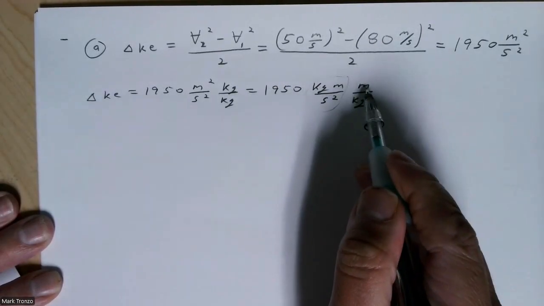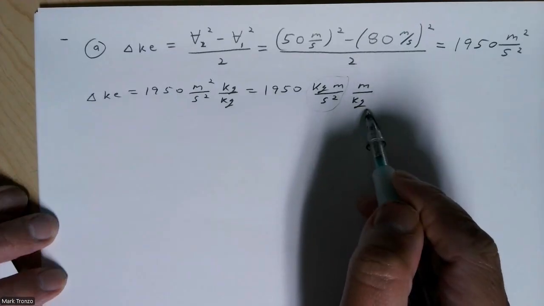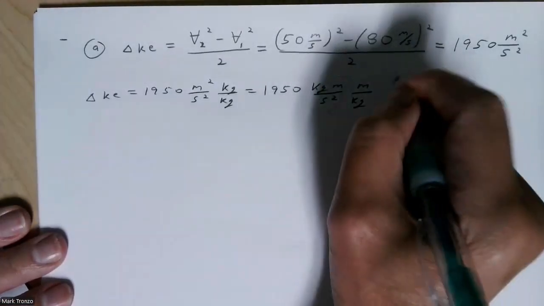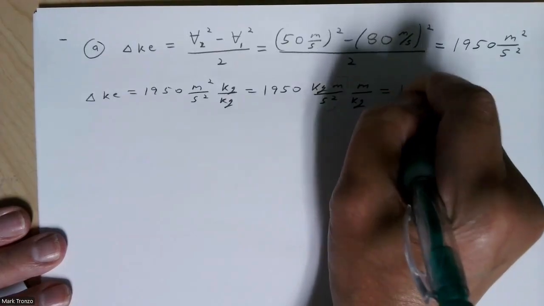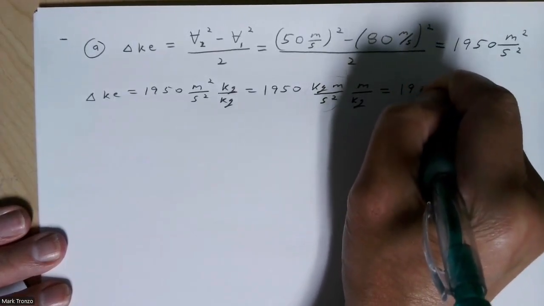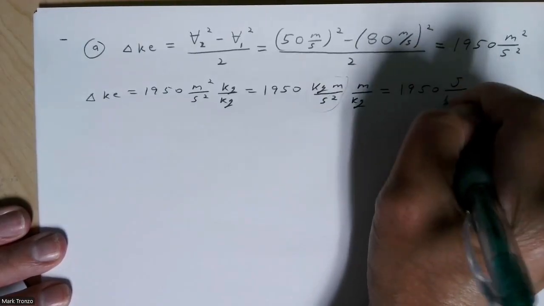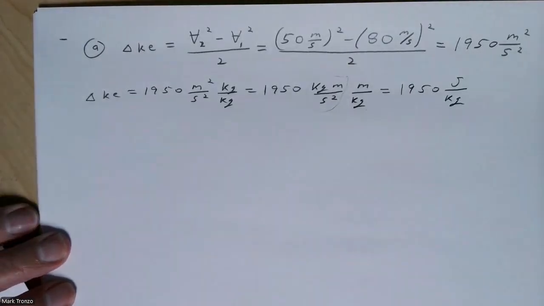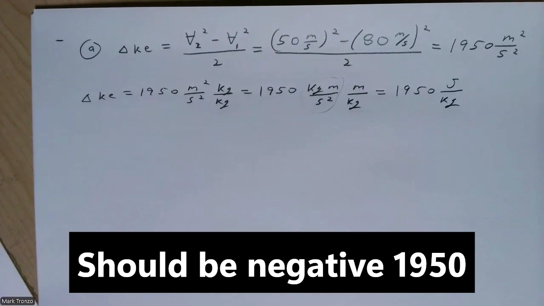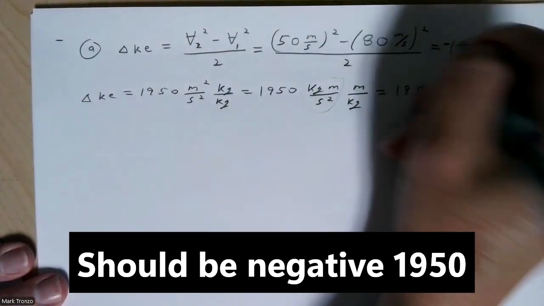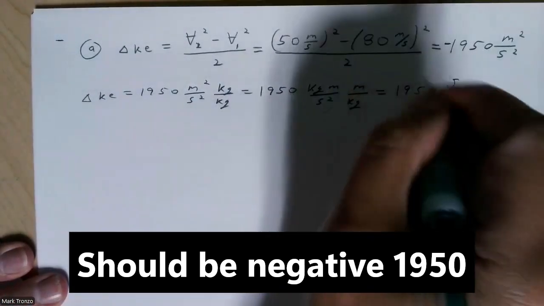And so Newton meter over kilogram, and that's actually a joule per kilogram, like this. And actually, I noticed I forgot the negative sign. When we do this, this would be negative here.